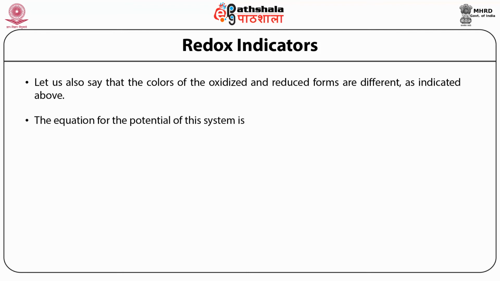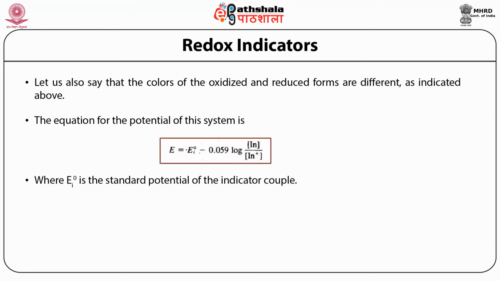The equation for the potential of this system, where E naught I is the standard potential of the indicator couple, is E is equal to E naught I minus 0.059 log [In] upon [In plus].